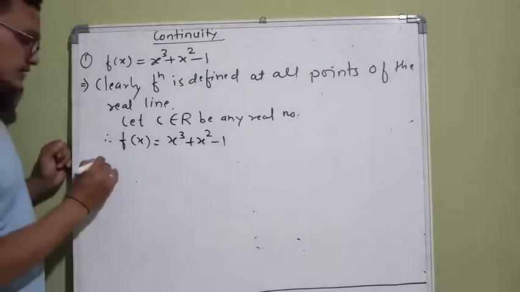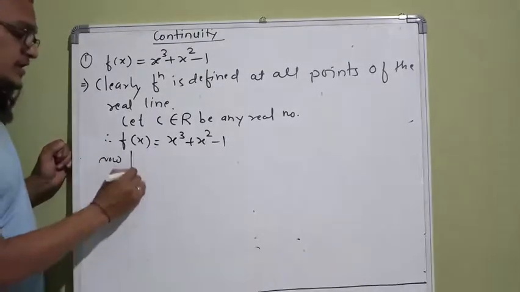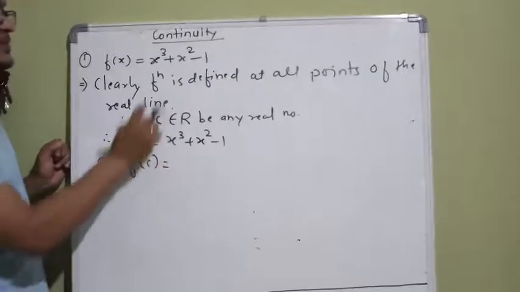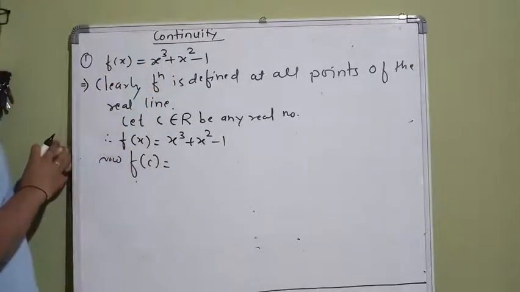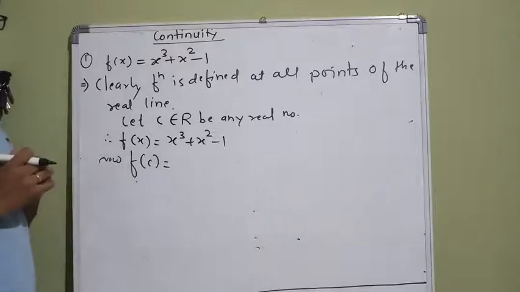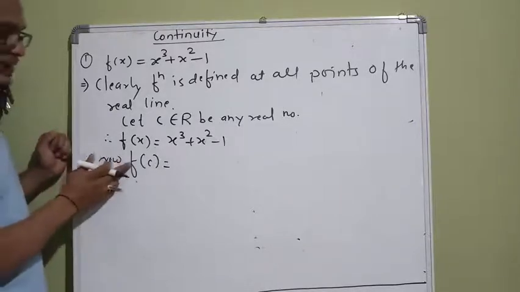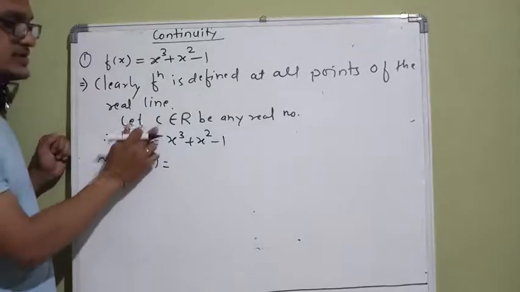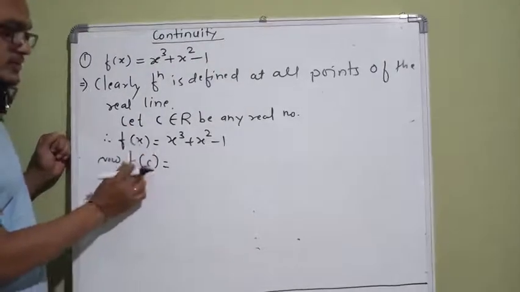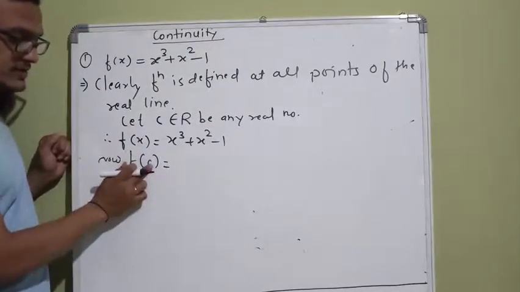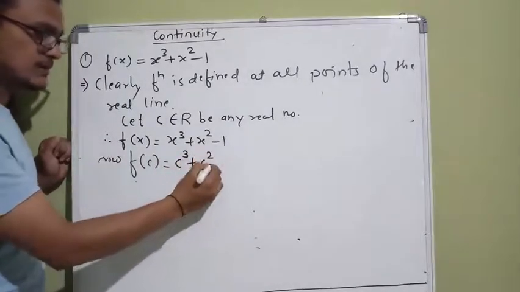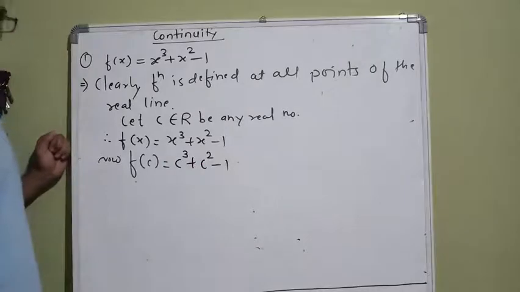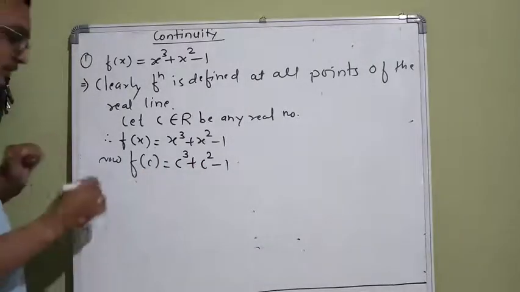Now you have to check f of c, because this is a simple function. The simple function definition is limit x tends to c, f of x is equal to f of c. So here I am calculating f of c. Substitute x with c in the function, that is c cube plus c square minus 1. This is your f of c value.